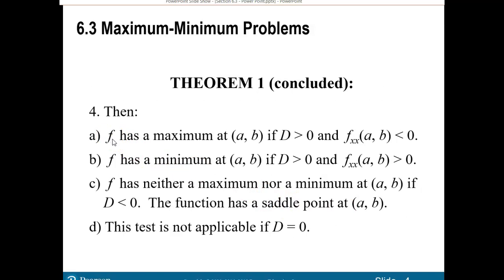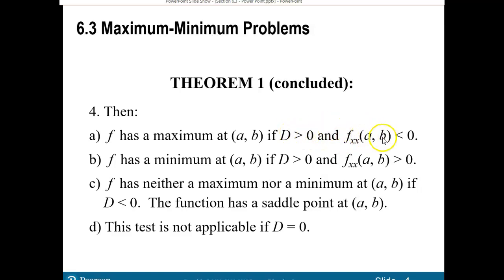All right, so then after you've done that, you would know f has a maximum at the point (a, b) if the value of D is positive, greater than 0, and your second partial with respect to x at that point is less than 0. So if you think about second derivative being negative meant concave down, remember that's the upside down shape like an umbrella, right? That would give you a max.